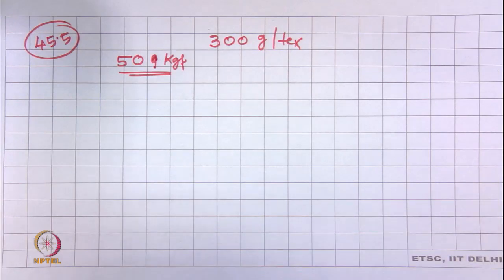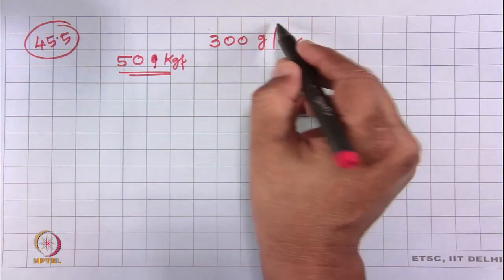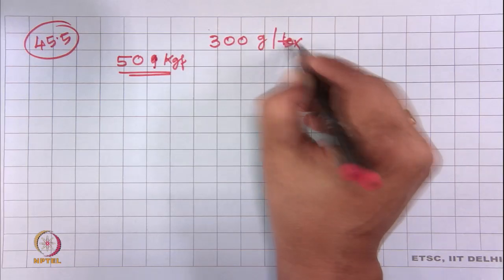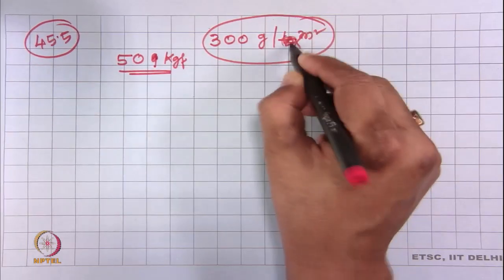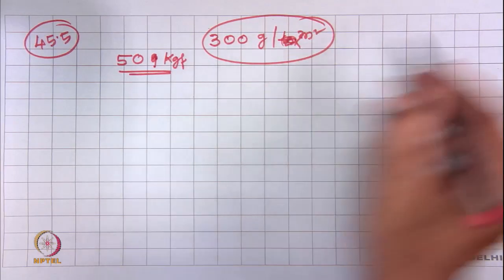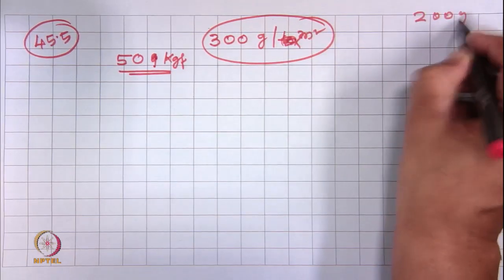So, we cannot compare, because this fabric's areal density is 300 gram per square meter, earlier it was 200 gram per square meter.